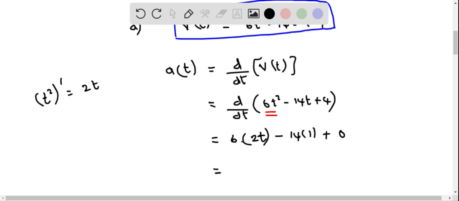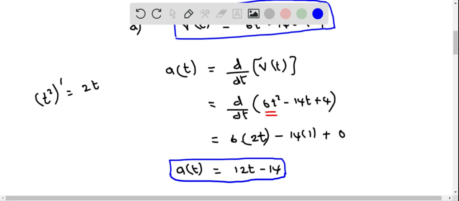So therefore, this equals 6 times 2 is 12t minus 14. So this is the acceleration function. And so this answers part B.